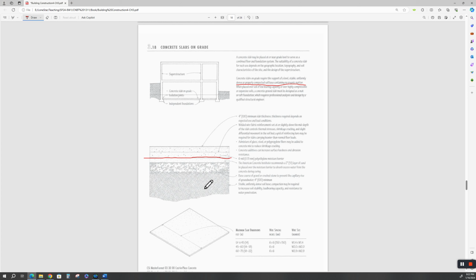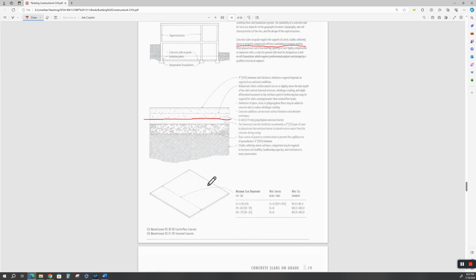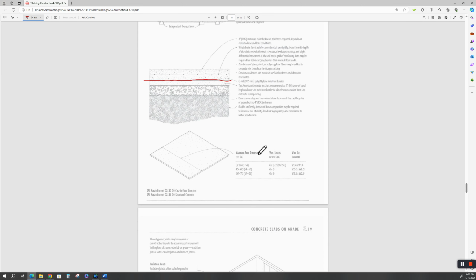And then this is supposed to be stable, uniformly dense soil. And what we mean by uniformly dense is it's compacted to at least 98% compaction based on the soils analysis. And he gives you some rule of thumb here: maximum slab dimensions, wire spacing, and wire size.